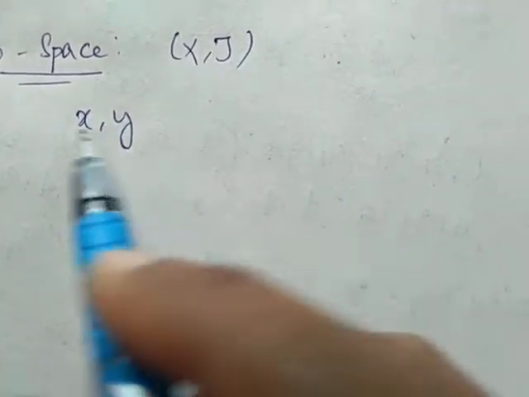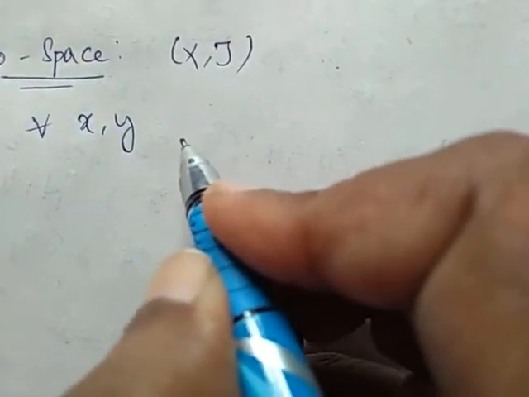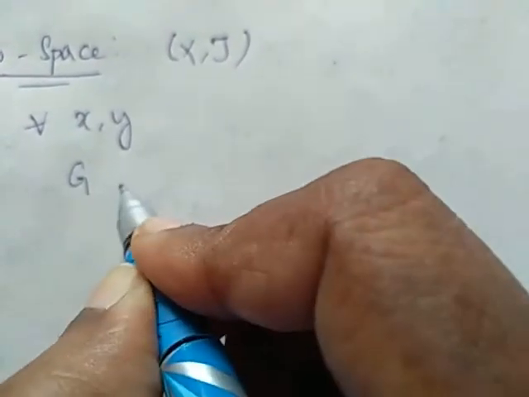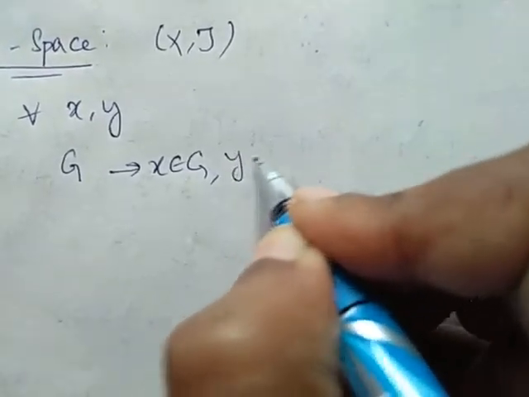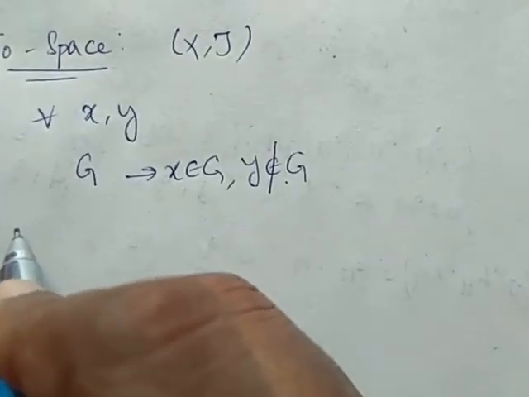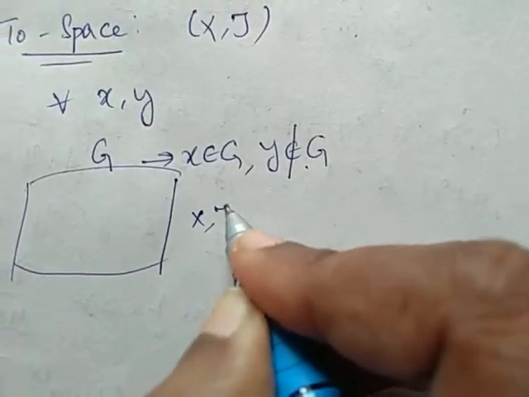For all x, y, there exists an open set G such that x belongs to G and y does not belong to G. So suppose this is our topological space (X, tau).